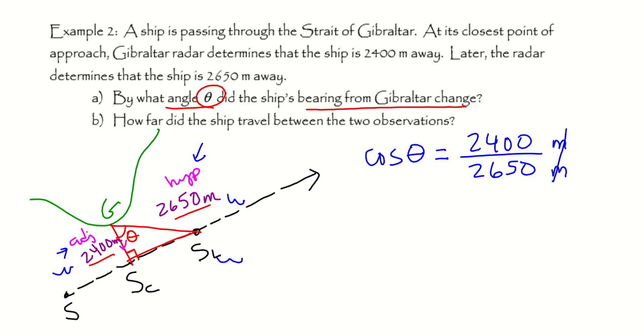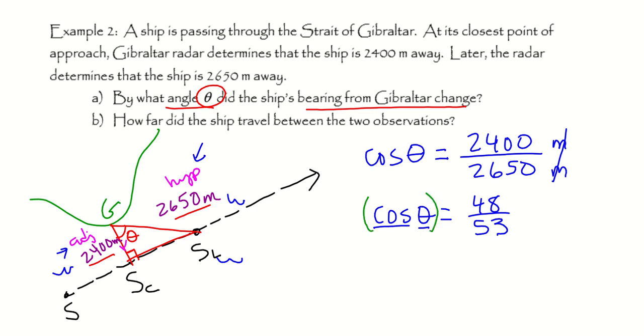So I have my cosine is equal to a pure number. I could take that and reduce it. It's not absolutely necessary, but if I reduce that, it will reduce down to 48 over 53. The key here is that I want to evaluate theta, which means I need to get rid of cosine. What can get rid of a function is its inverse.